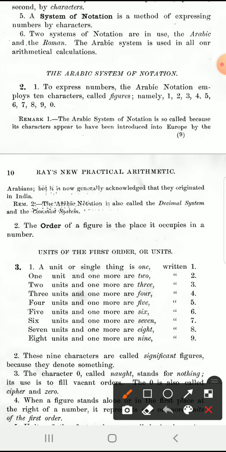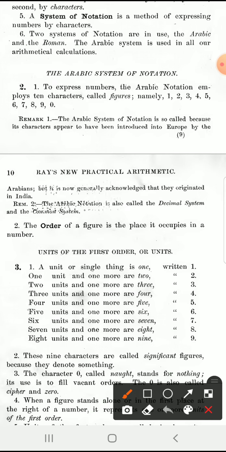And then lastly, we learned that there are two systems of notation commonly in use, the Arabic system and the Roman system, and that normally in arithmetic we do our computing with Arabic characters, the Arabic system of notation.